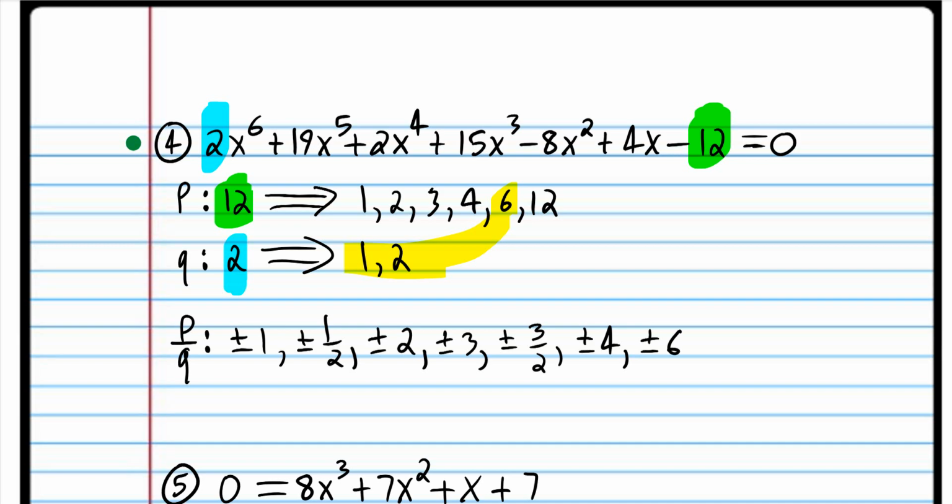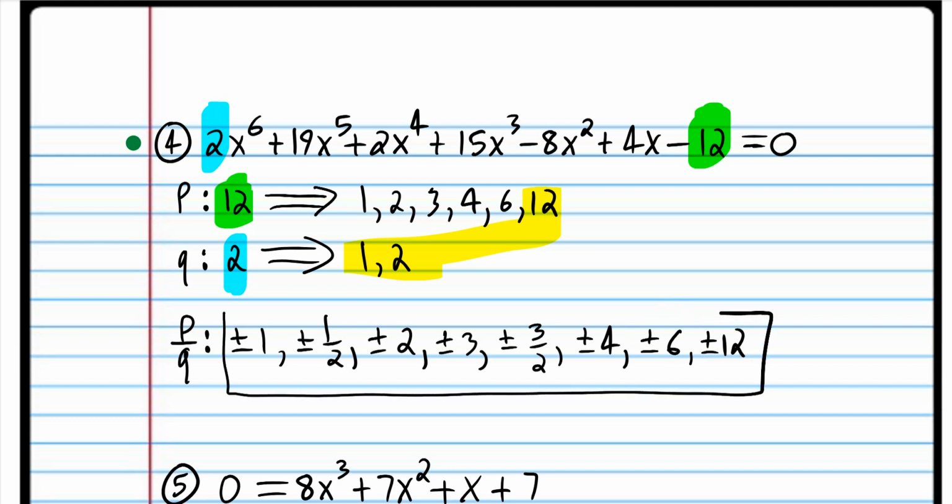And 6 divided by 2 is 3, but we already have that on the list, so we don't have to write it. And 12 divided by 1 is 12. And 12 divided by 2 is 6, but we already have that on the list, so we don't have to write it.